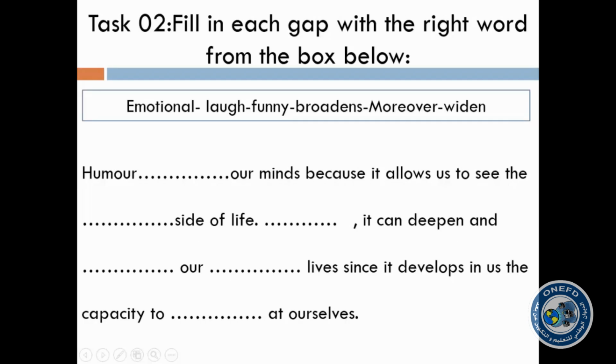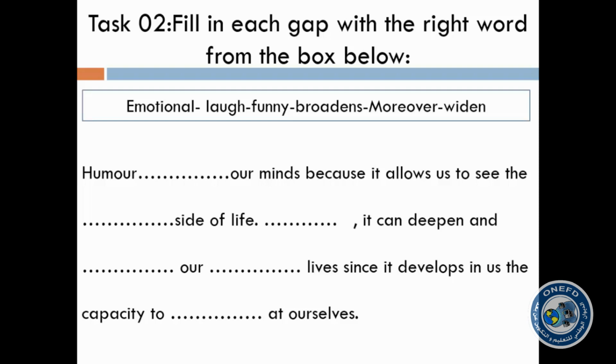So let's move on to the last task in grammar review. We have task 2: fill in each gap with the right word from the box below. I repeat, in this last task we are going to deal with discourse, and there is a small grammar review within it.